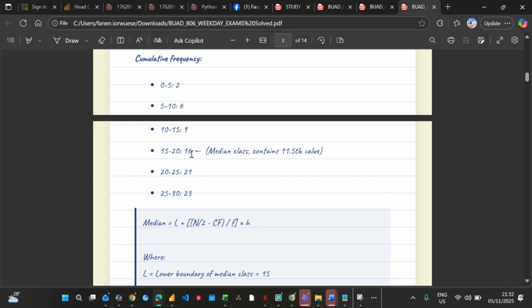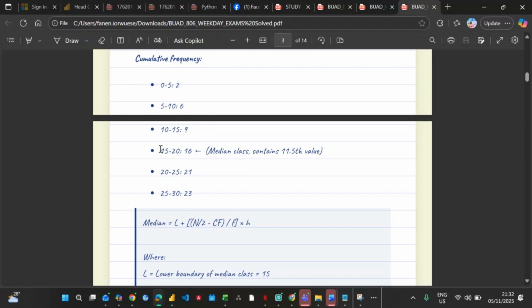I just do this so that we'll be able to identify where we got 11. So now this is 16. So we have 16, 16. This should be 16, right? So the 16 median class contains the 11.5 value.